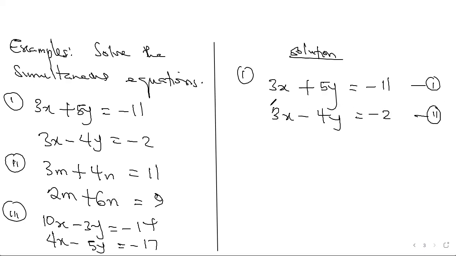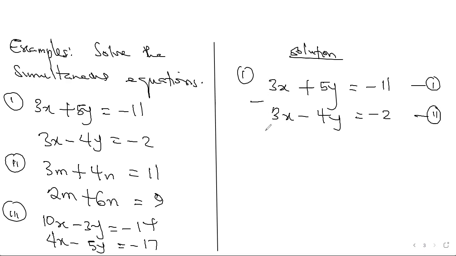Now, because you can see clearly that the coefficient of x is the same in both equations, you don't have to do anything else than just eliminate using the appropriate sign. So what sign are you going to use here? We are interested in eliminating x, and the coefficient of x is positive in both equations. So you use the negative sign. If you have the same sign, plus, plus, you use minus.